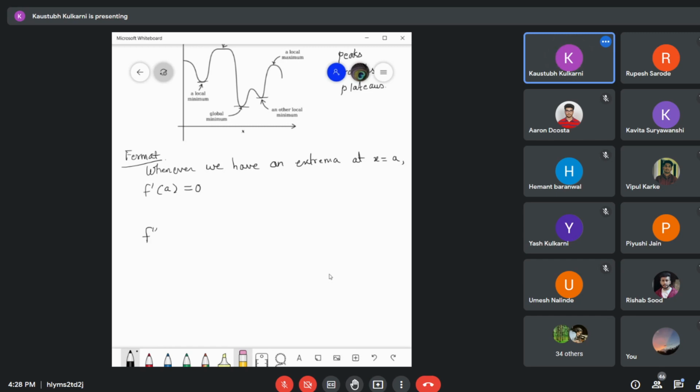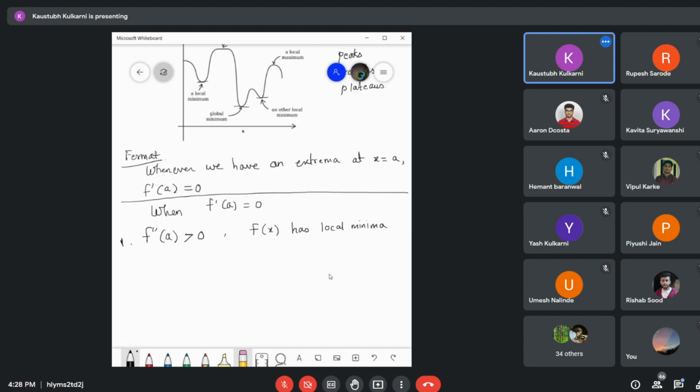So the first condition is, when f dash of a is equal to 0 and f double dash of a is greater than 0, it means f(x) has a local minimum.